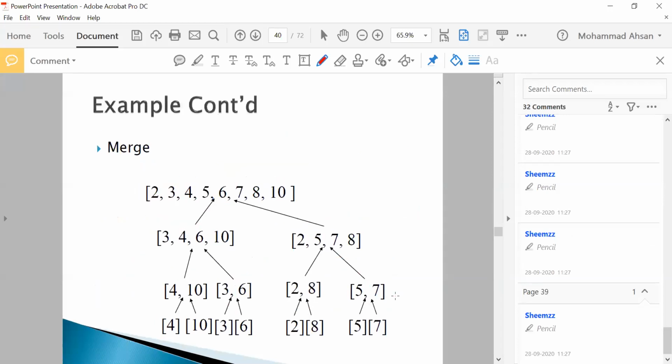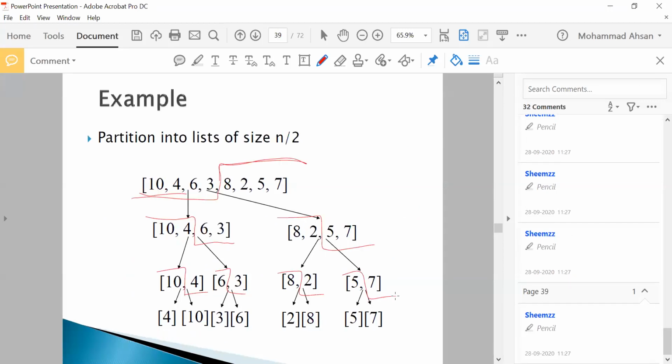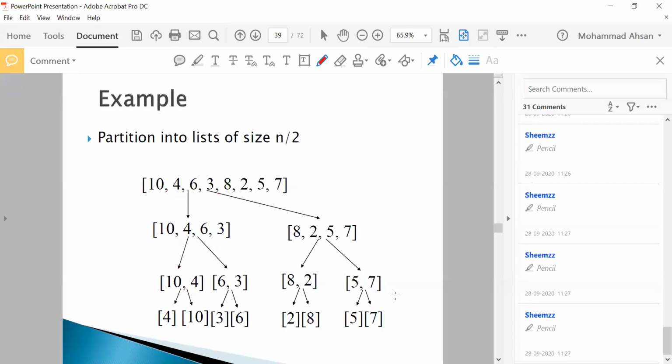Then when you have to merge, you have 4 and 10.